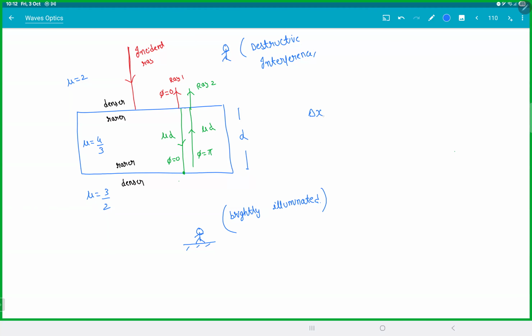The path difference between the light ray 2 and 1: the green one is traveling 2 mu d, and it is also traveling lambda by 2 because of that reflection there. That would be minus, and the red one, there's no issue. That's it. That's your path difference. Check. Clear this?